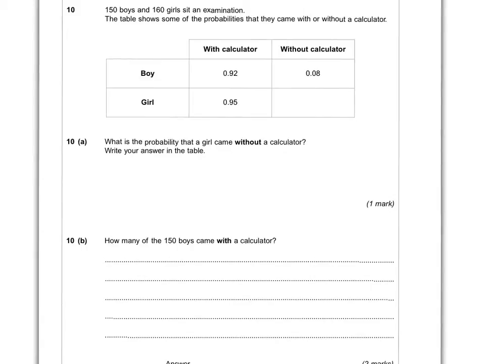Separately, looking at the girls, they might have a calculator with them, which is 0.95, or they might not. So that number there must be 0.05. I did that by saying the total 1, take away 0.95, gives me 0.05, because these two numbers must add up to 1, because one of them will happen. Being very formal about things, it's an exhaustive list of mutually exclusive outcomes. They're the only things that can happen, and they can't happen at the same time, so they must add up to 1.